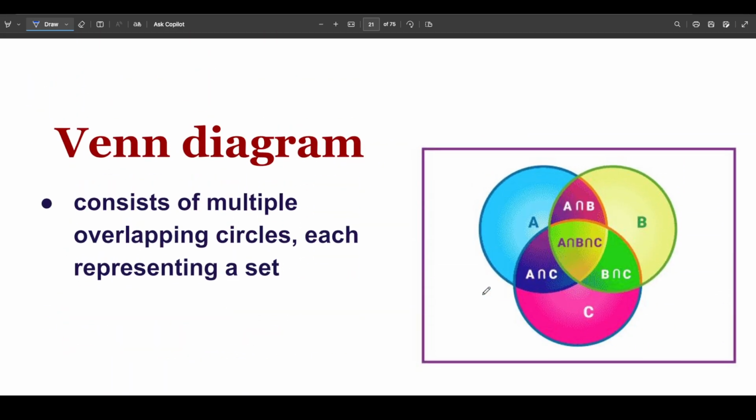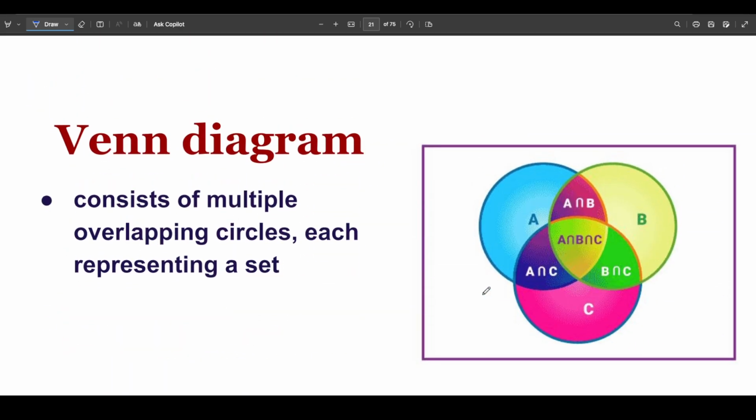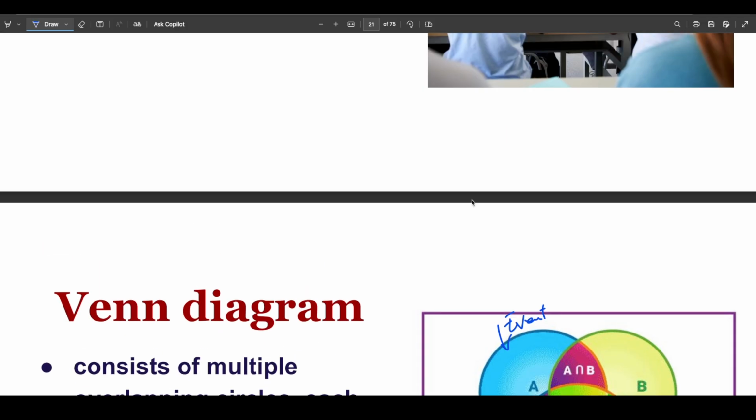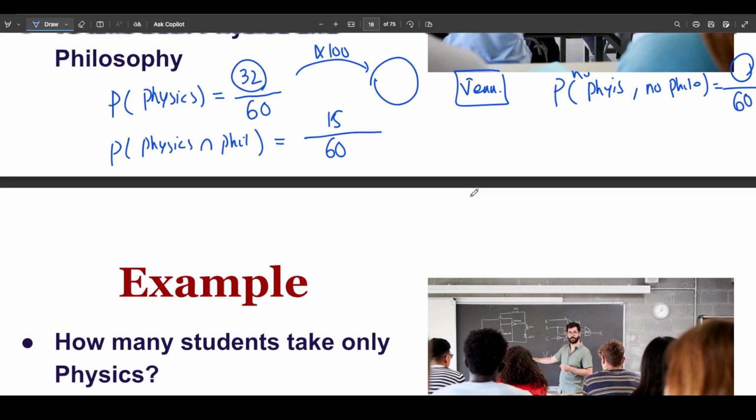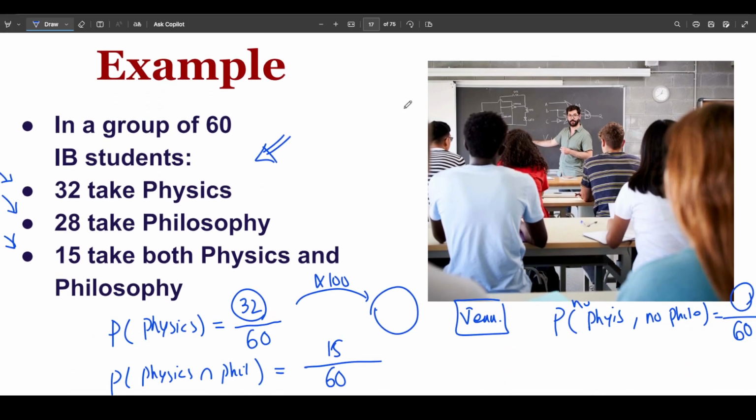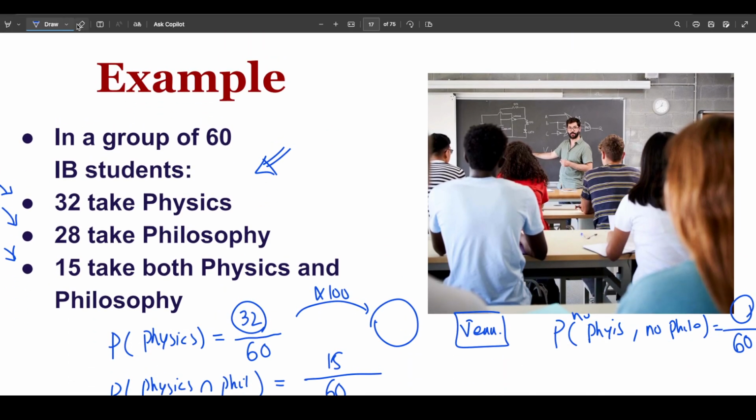So what is a Venn diagram? A Venn diagram consists of multiple overlapping circles, each representing a set or an event. Let's draw the Venn diagram of the previous example. I'm going to start with the square to show the number of all of my students, 60.